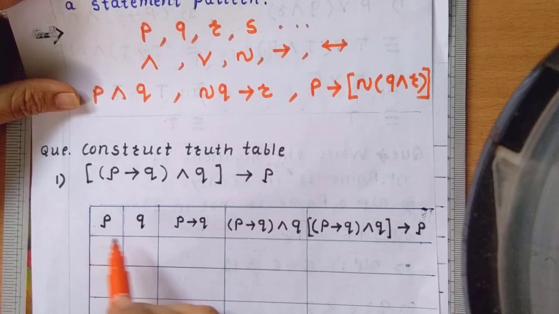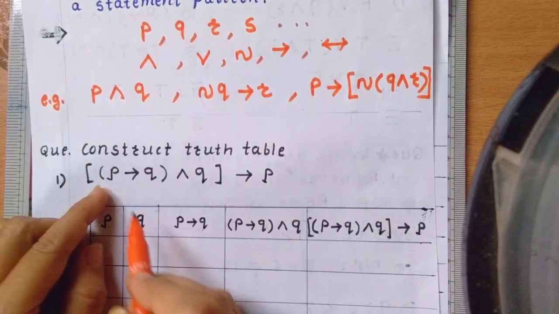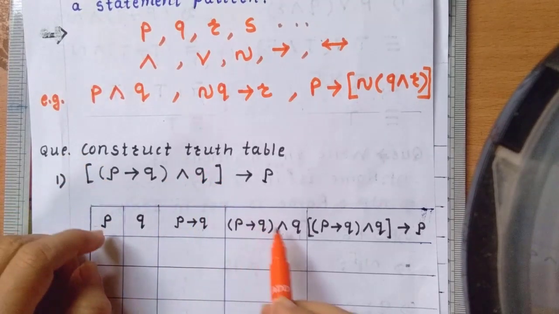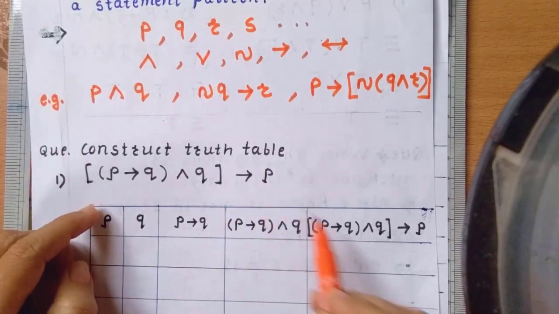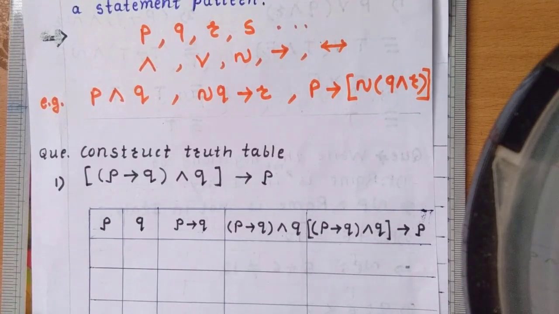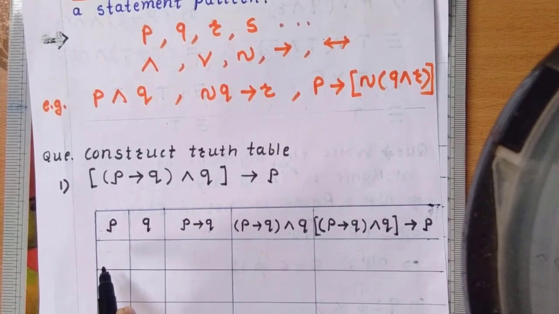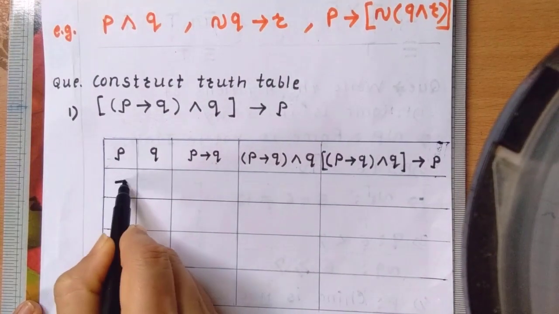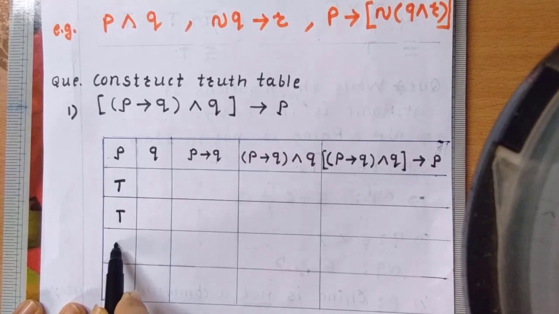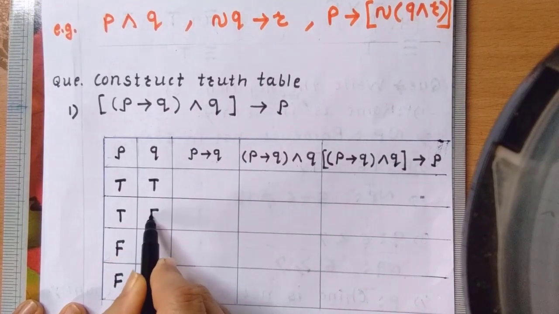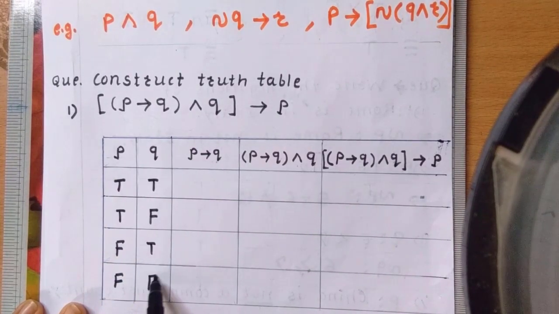First column is P, second one Q, then third one we have taken this bracket, then this square bracket, and last one is this whole statement pattern. Now when we are considering two statements, so we know that the truth values are T, T, F, F, first column. Second one T, F, T, F.